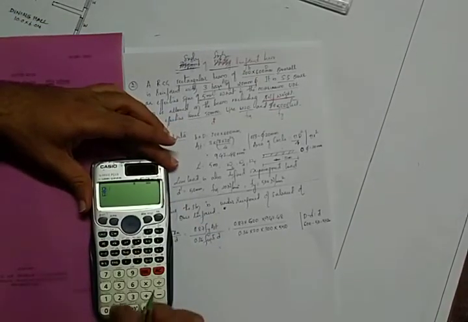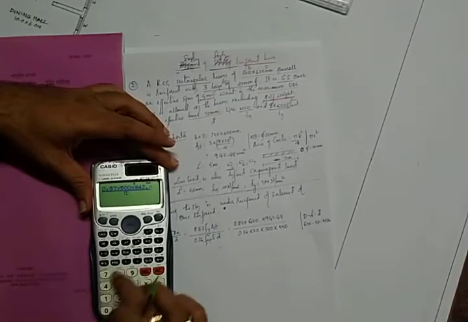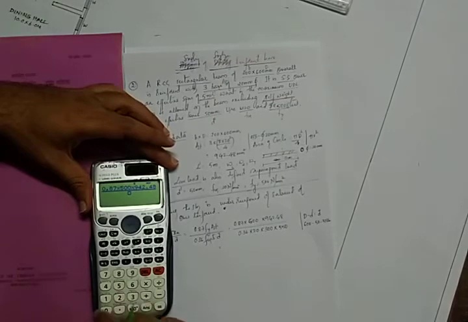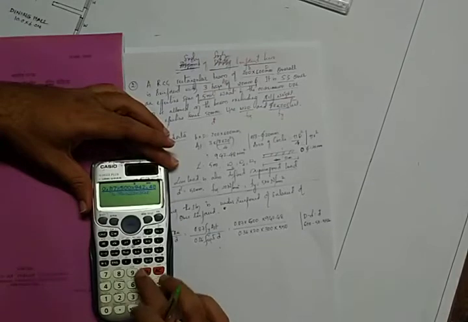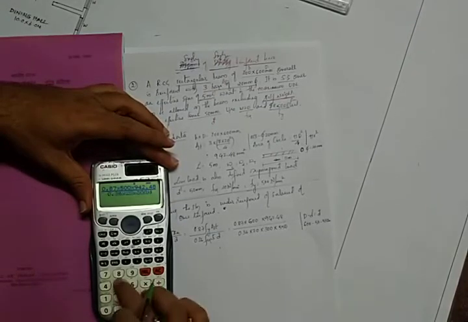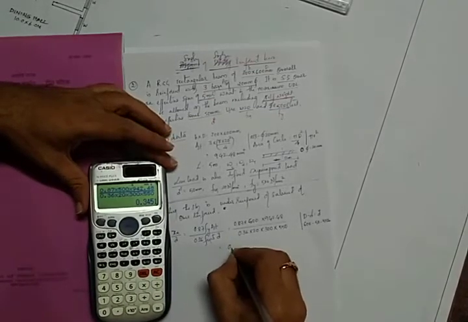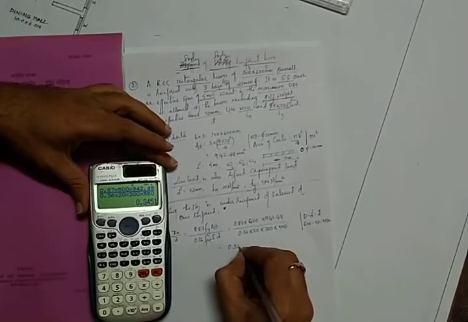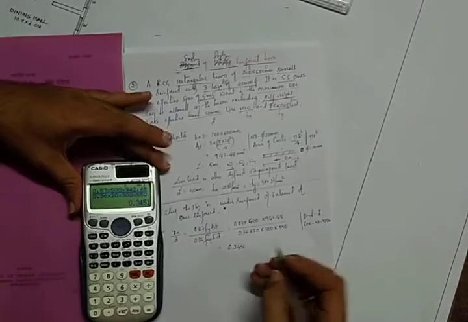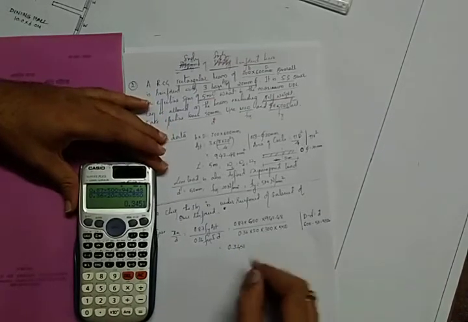Select this: 0.87 into 500 into 942.48 divided by 0.36 into 20 into 300 into 550. You must be very careful while typing in the calculator. So this comes around 0.3451. This is a ratio, it doesn't consist of any unit.